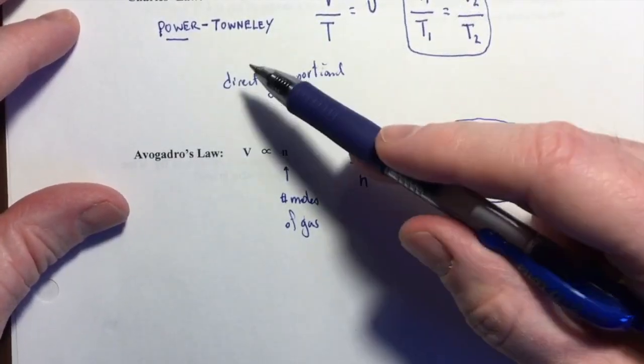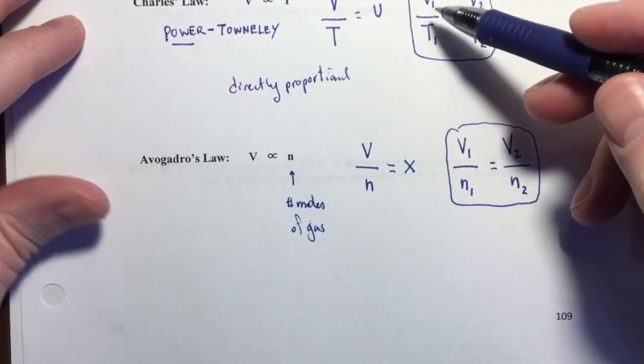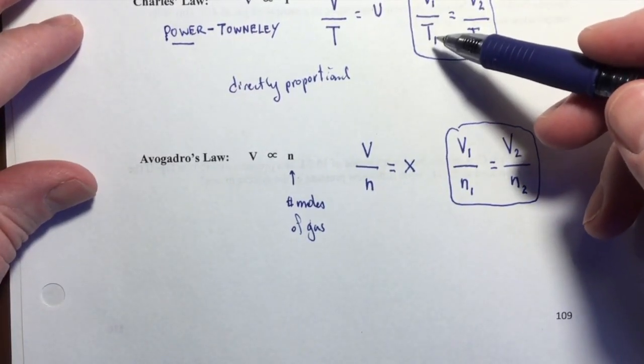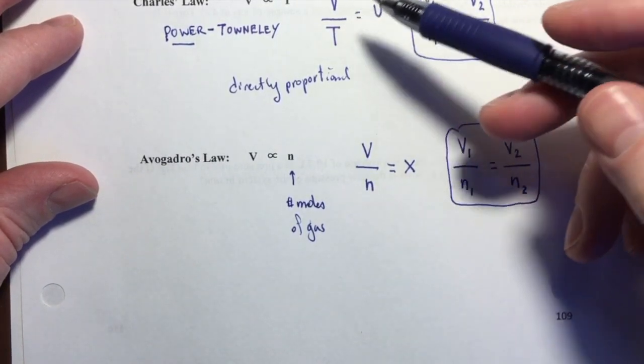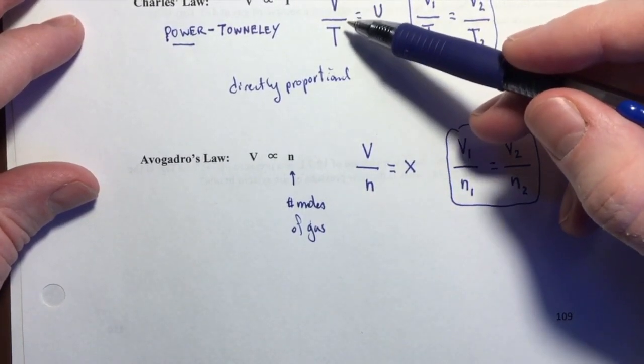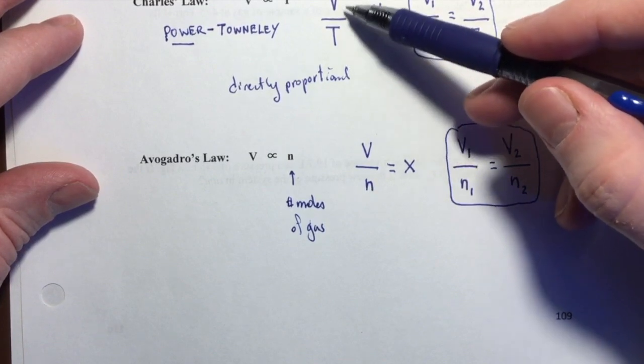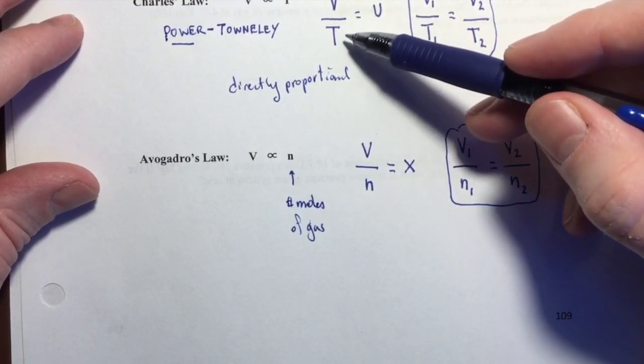Charles' law, or the Power-Townley law, volume and temperature of a gas are directly proportional. As one increases, the other increases. And I've mentioned in a previous video that a classic example of this is the hot air balloon.